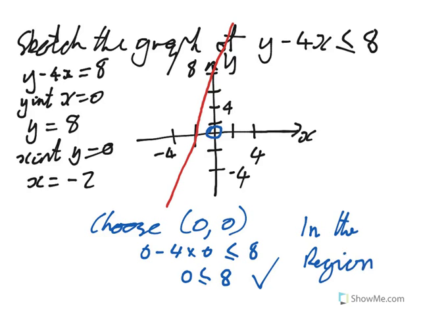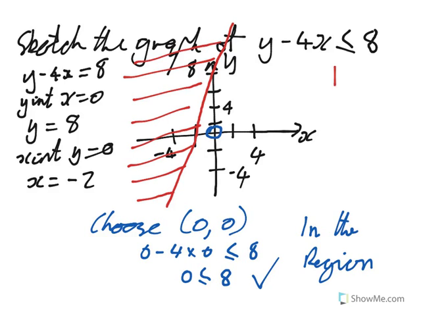So if that's in the region, we want to keep that, and we want to cross out the other side, the side of the line that doesn't include 0, 0.